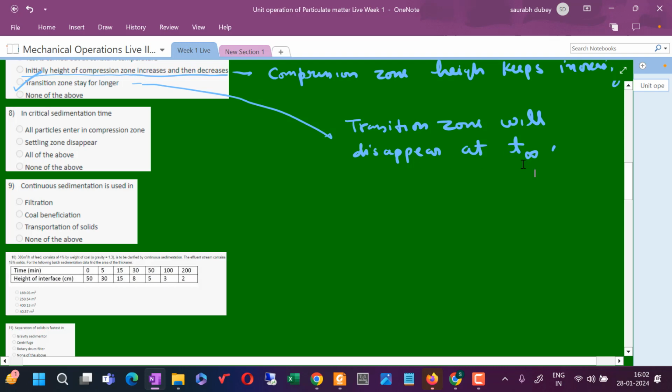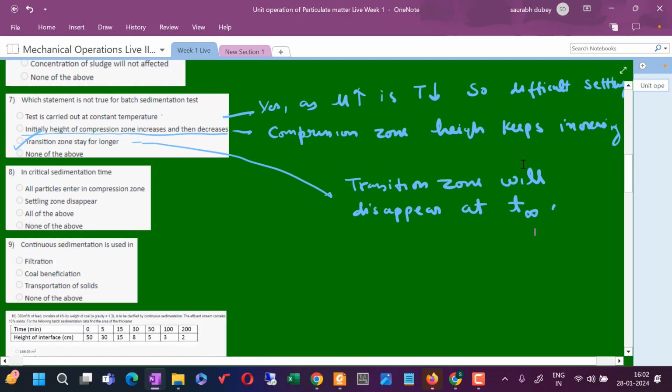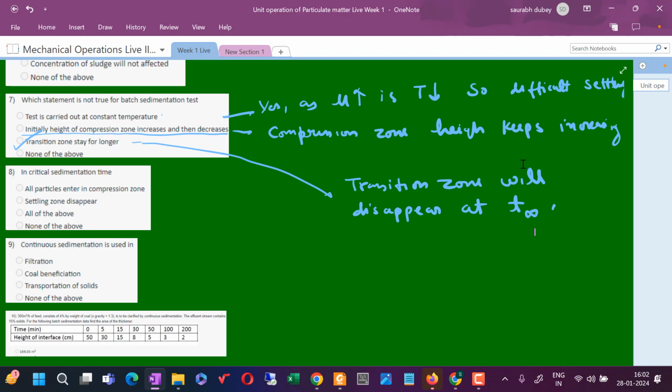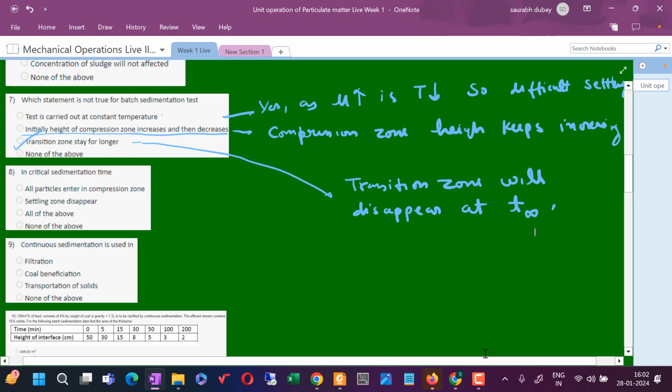So, in the critical sedimentation time, all particles enter the compression zone, settling zone disappears, all of the above, none of the above. What is TC?